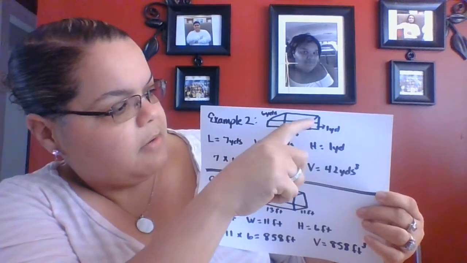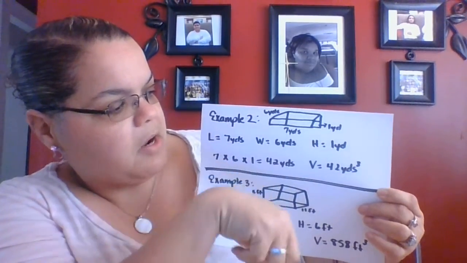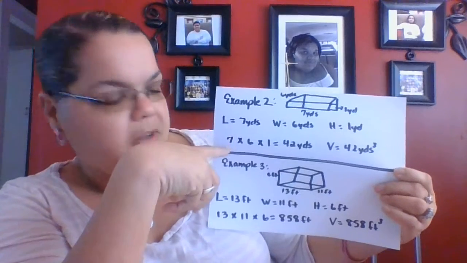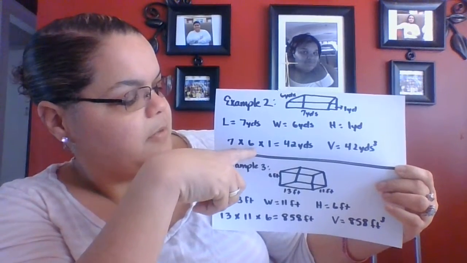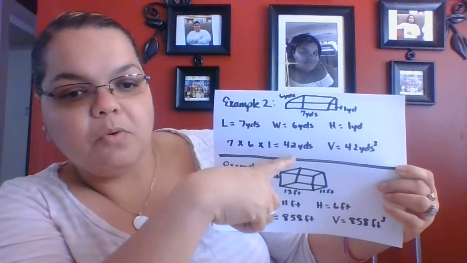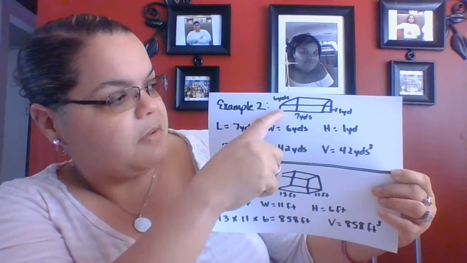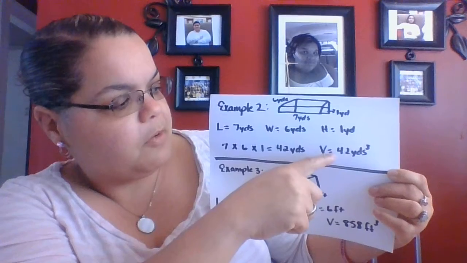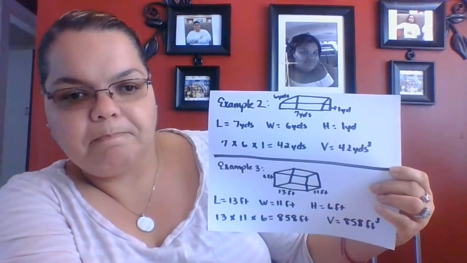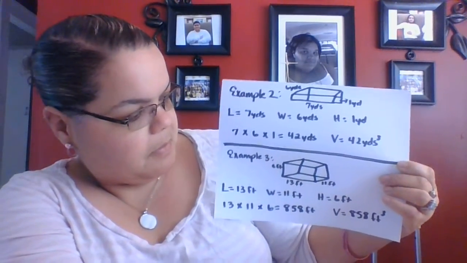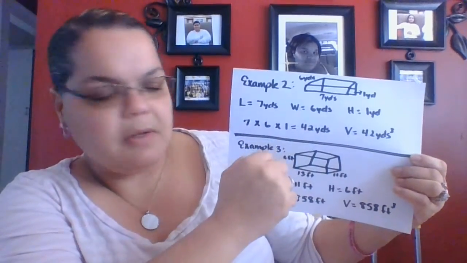And then the height, going up and down, is 1 yard. So if we put the formula together, 7 times 6 times 1 equals 42. So the volume of this rectangular prism is 42 cubic units. And all of this can be put into your calculator.